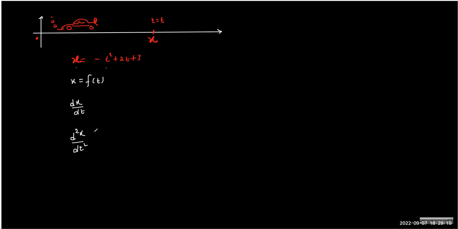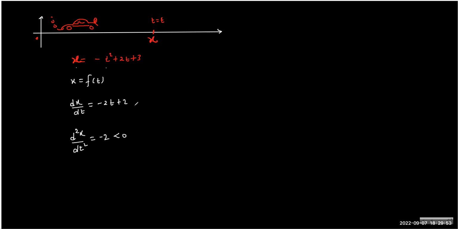X. And it is depending on time t, so at one particular t value, this will happen. So let's figure it out. Dx by dt is how much? Minus 2t plus 2. And what is the second derivative? Minus 2, which is negative.